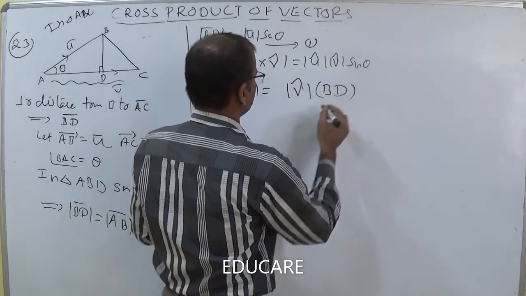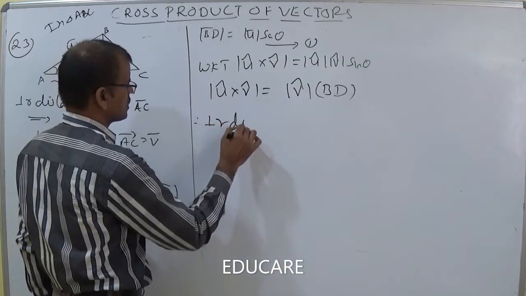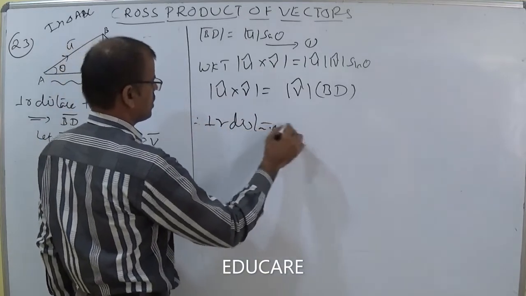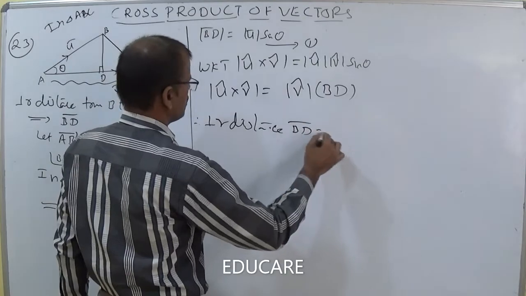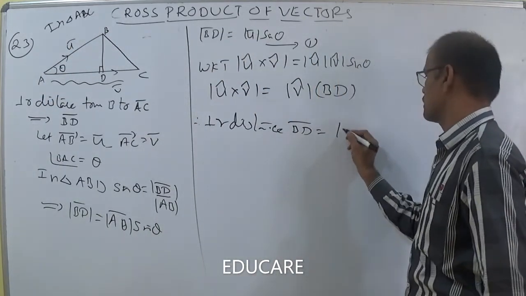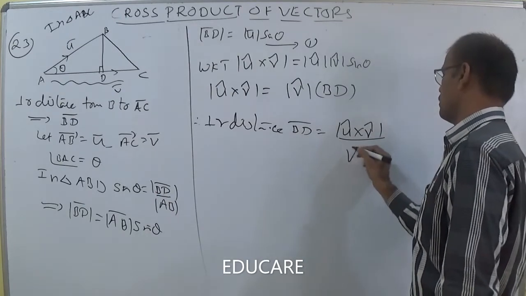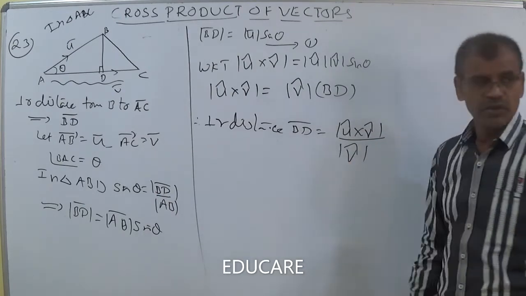So the perpendicular distance BD from B to the line AC is equal to modulus of u bar cross v bar by modulus of v bar.